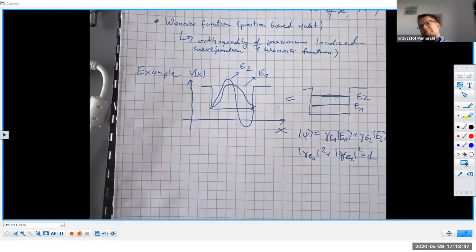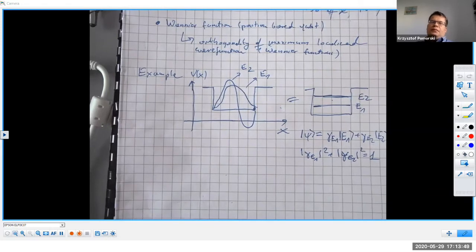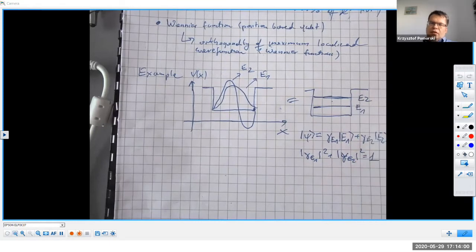So in order to operate with such a type of qubit, you need to be able to control the population of each energy level, and then you can use microwaves in order to excite the system or de-excite the system.